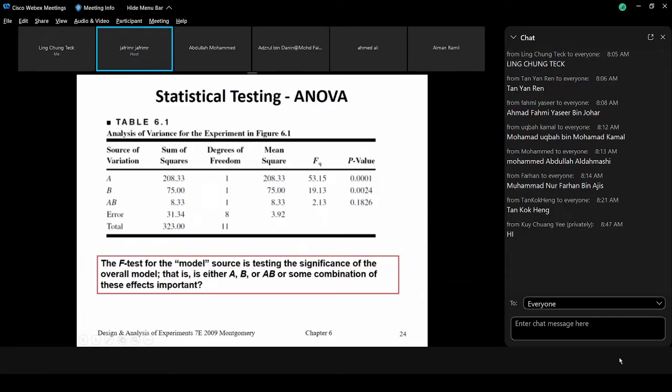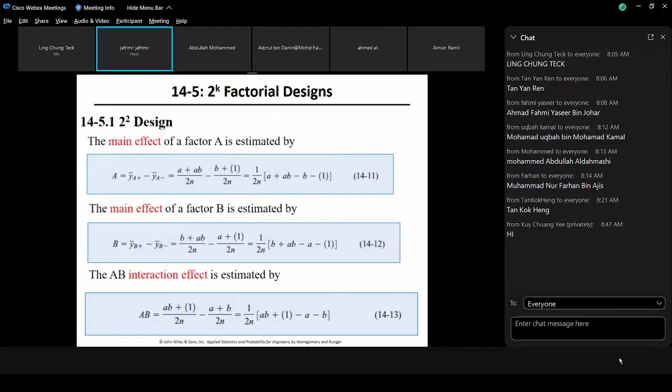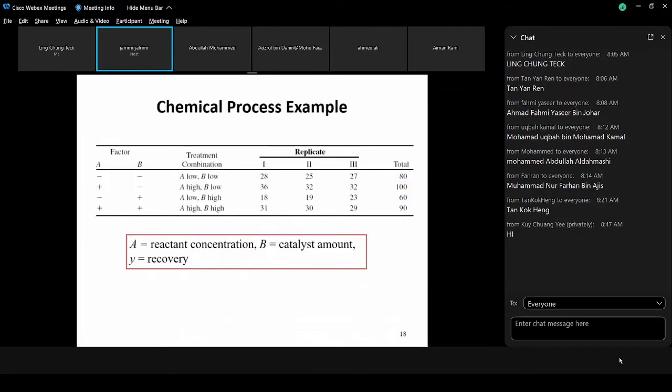This is the ANOVA of Figure 6.1. This ANOVA refers to this whole example. Refer to this data.